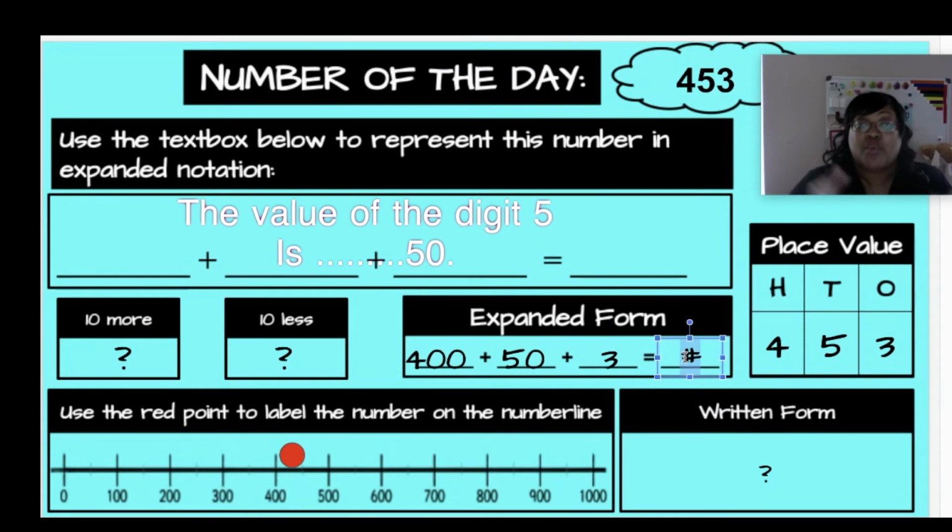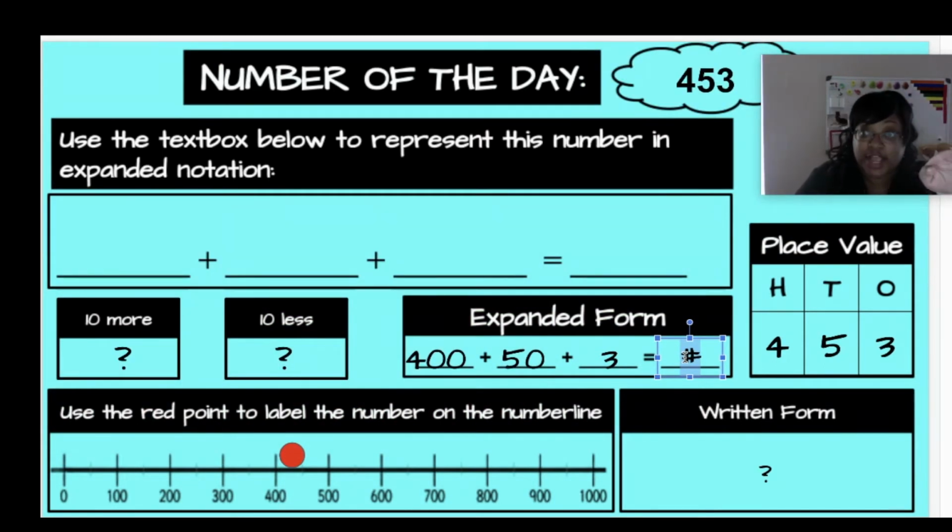And now we have to add the numbers. We have to sum them together, right? So what's the sum of 400 plus 50 plus 3? What's its sum? 453. And again, we have to stretch the text box out. Okay, fabulous.